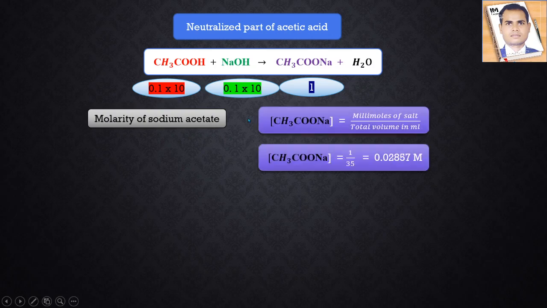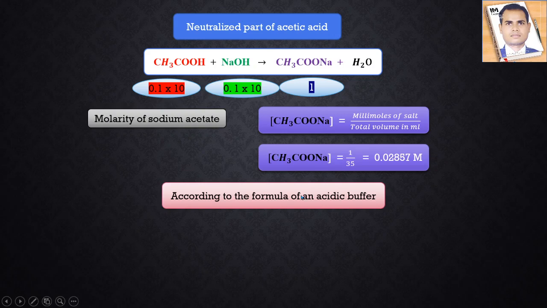In this way you can take again the concentration of sodium acetate equals millimoles of salt over total volume in ml. Millimoles of salt is 1, given here, and the total volume is 35, right? After calculation you will get that molar concentration of this salt.